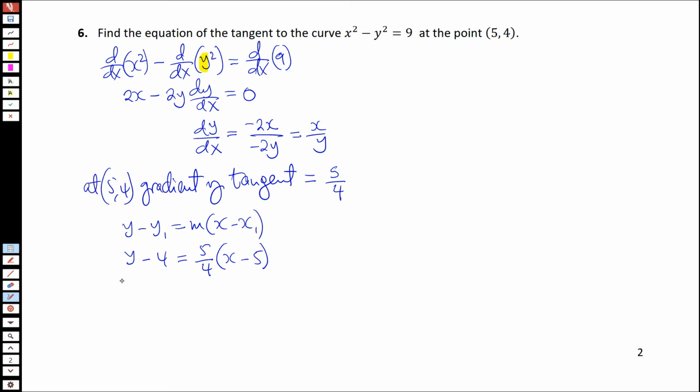Therefore, y minus 4 will be equal to 5 over 4 x minus 25 over 4, which implies that y will be equal to 5 over 4 x minus 9 over 4, since if you add these two, you end up with 9 over 4. So that will be the equation of the tangent to the curve at (5, 4).